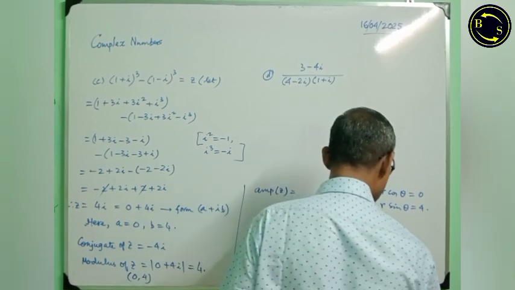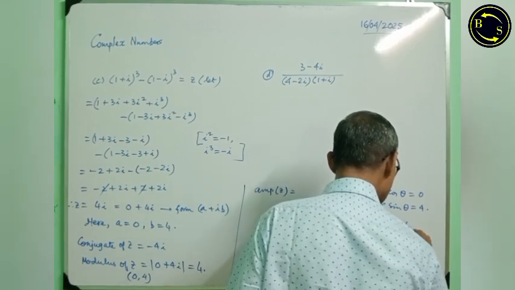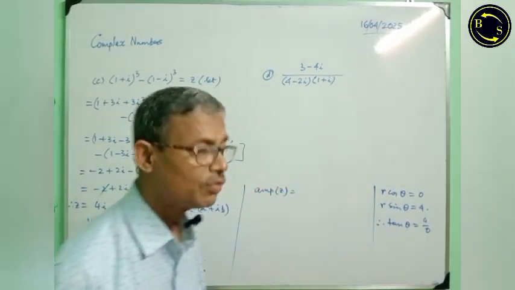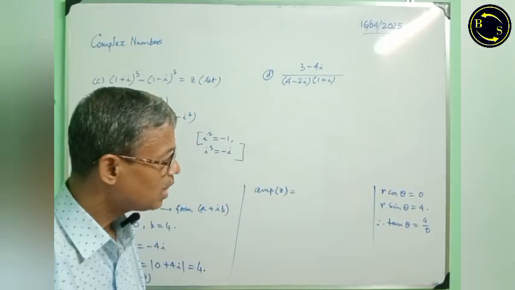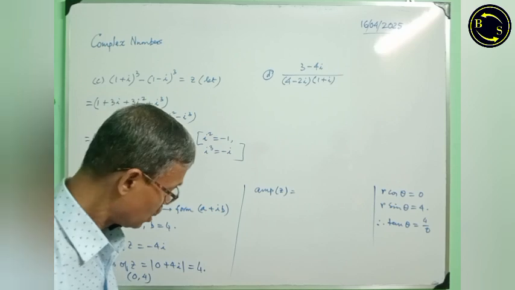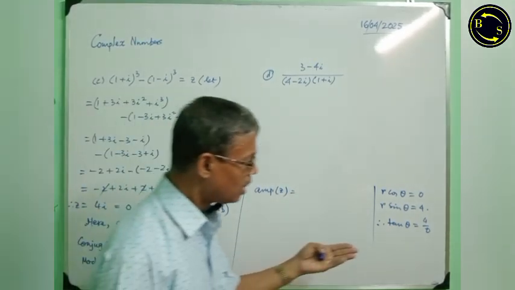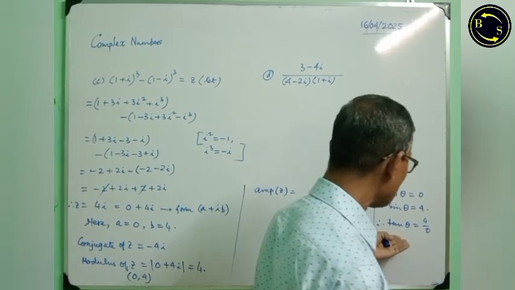Then what you get? Tan theta equal to 4 by 0. From here, we see division by 0. Sometimes it may be confusing.